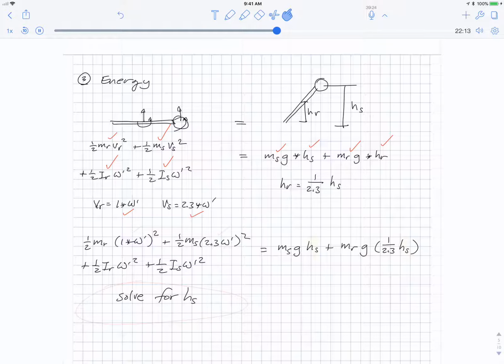And if you look at the similar triangles, you can see that the height of the rod is 1 over 2.3 times the height of the sphere, because the radius to the rod is 1 and the radius to the sphere is 2.3. And so if you plug everything in, I've done it for you here. There's V rod, there's V sphere. You can put a number in on the left-hand side here. And the only unknown on the right-hand side is now the height of the sphere. And you can solve this for the height of the sphere.